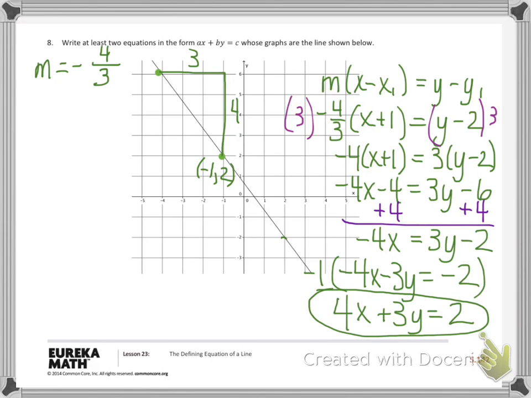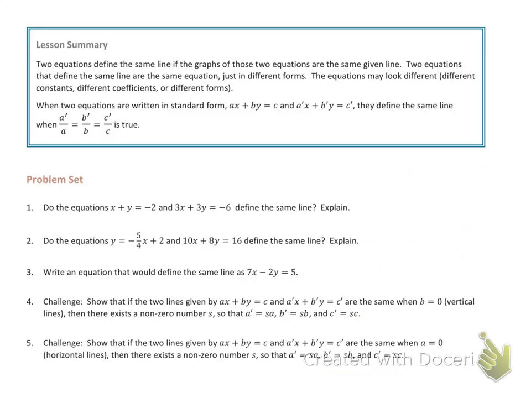I'm going to write another one just by multiplying by 3. So I'm going to get 12x plus 9y is equal to 6. And there's my second equation in standard form. Okay, so we are done.